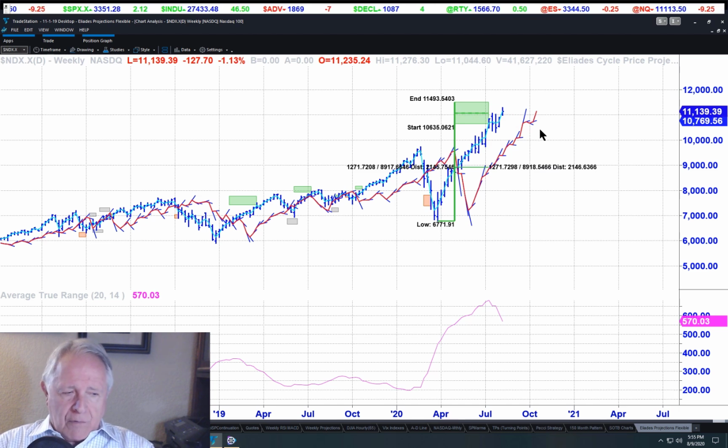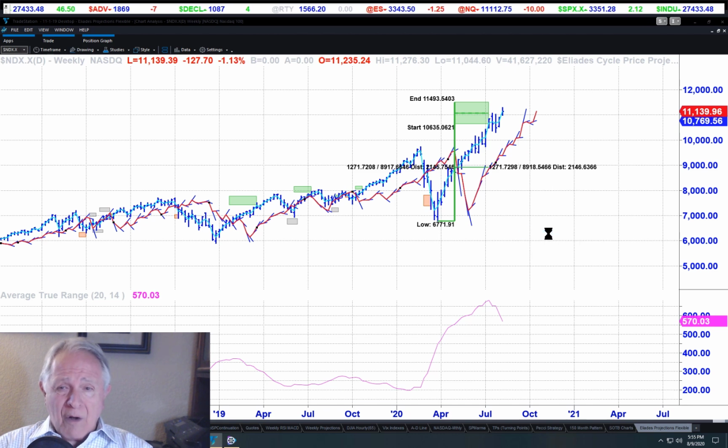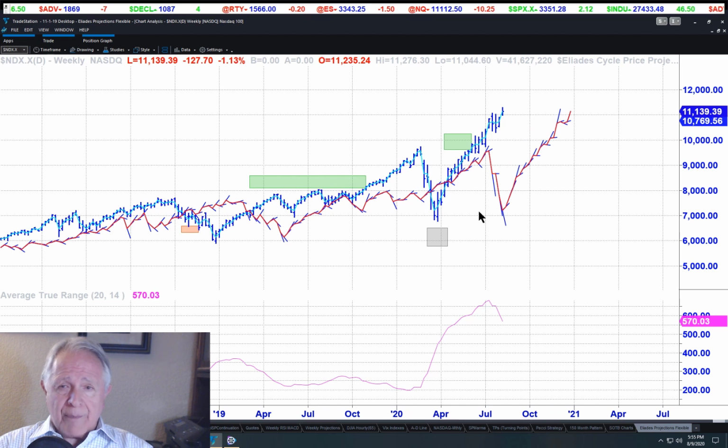Now you have to question, are there higher projections? And there are on the S&P and on the DJIA, but watch this. There are not. If you go out to 20 weeks on this, because of the way it sets up, it's actually giving a lower projection. You can't get a longer or a bigger upside projection.